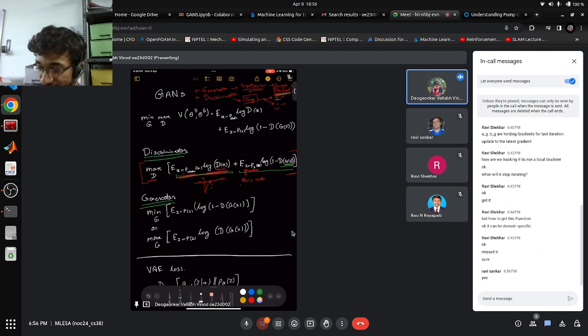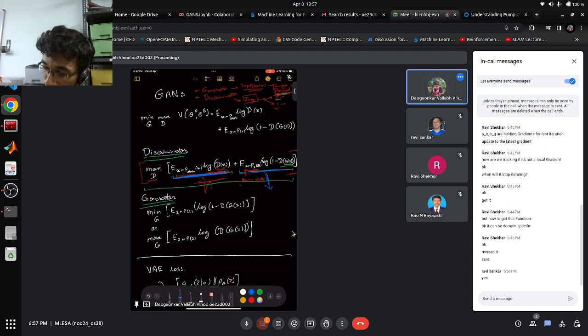But the first term is not at all a function of g, right? So there is no gradient of this term with respect to g or the parameters of the generator network. So we are only interested in the second term for the generator part.